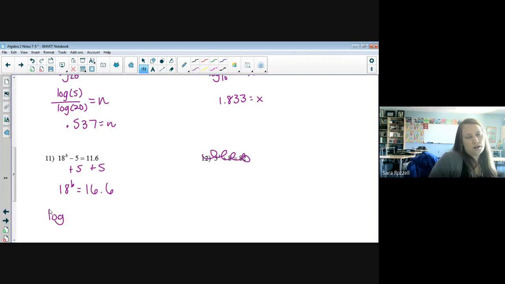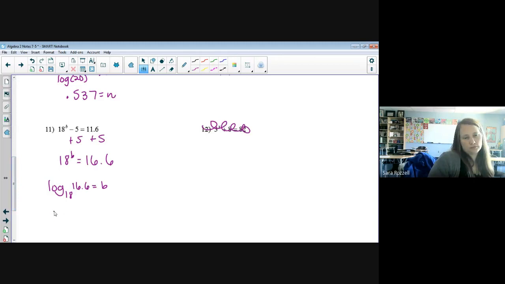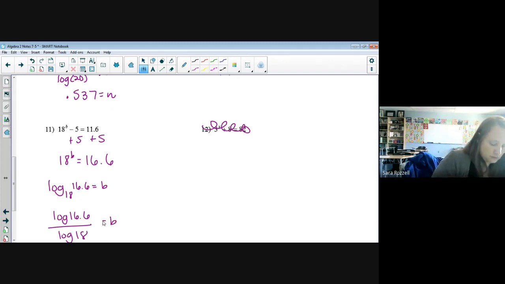So log base 18 of 16.6 is equal to b, and we put it in the calculator. That's 0.972.